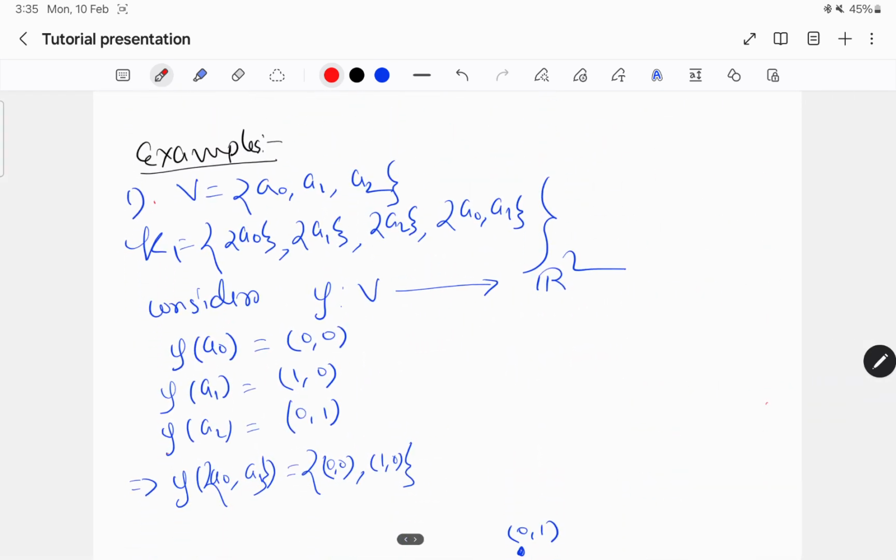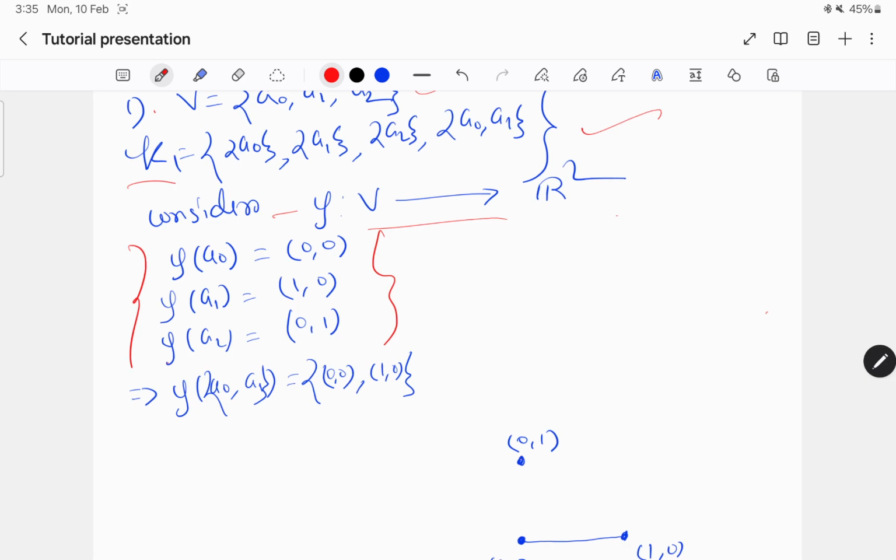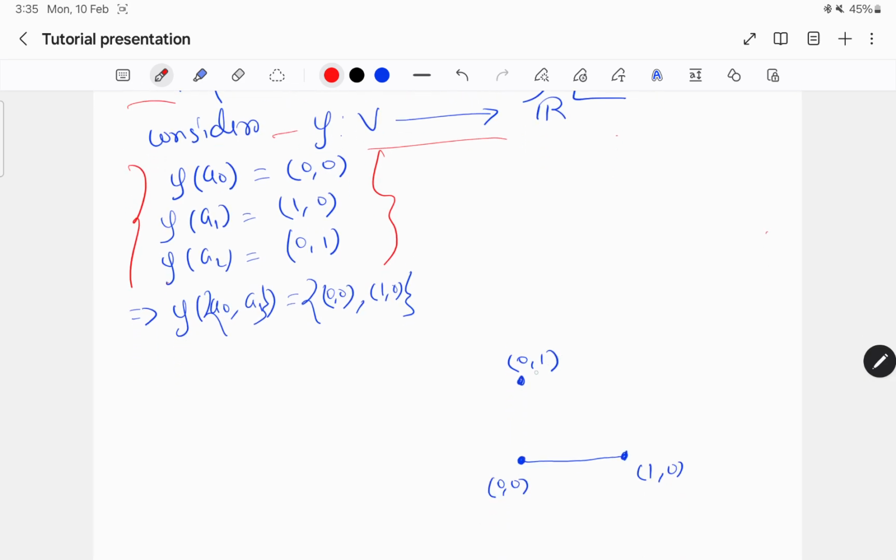Now let's understand this definition with an example. Let us take this finite set A0, A1, A2, and take this K1 to be a simplicial complex. Now take phi from V to R2 defined by this. You can easily check that phi is an injective mapping. Now these are the points (0,0), (1,0) and (0,1).